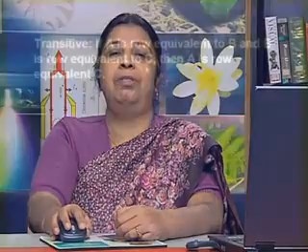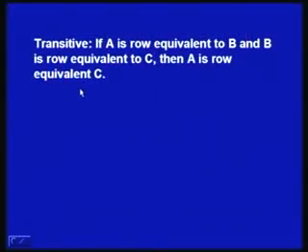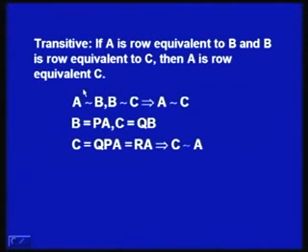In transitive, I have three matrices. If A is equivalent to B and B is equivalent to C, then A is row equivalent to C. That is the meaning of the transitive property.